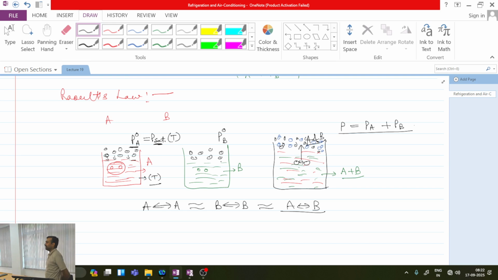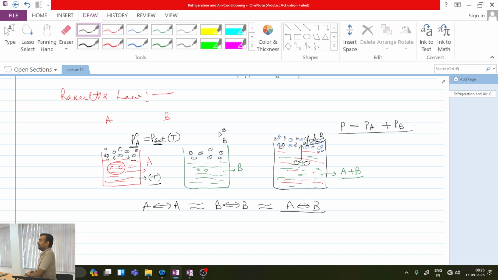Typically it is called partial pressure. And partial pressure is always less than the vapor pressure, because vapor pressure or saturation pressure comes into the picture only when that particular vapor alone is present and applying the total pressure. Is this point clear? So these are all very important concepts: partial pressure, vapor pressure, and saturation pressure.